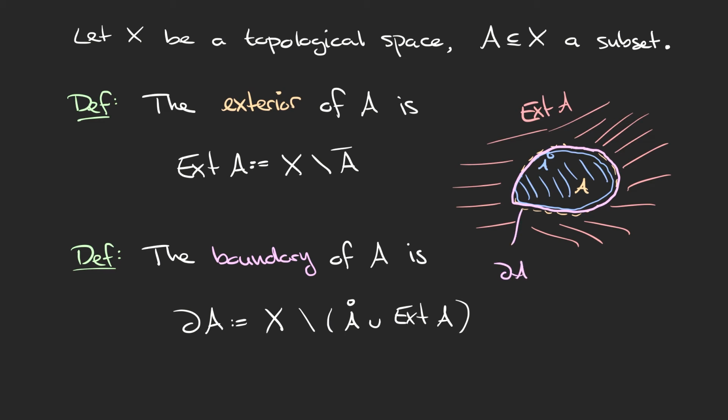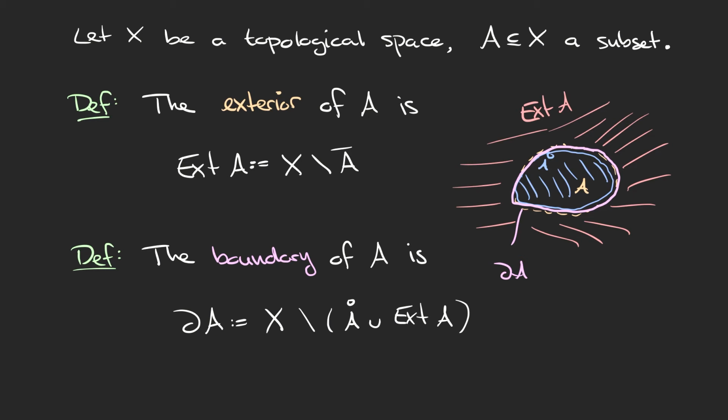As this picture illustrates, we can think about the interior of A as the inside of the set A, the exterior as being the outside of A, and the boundary as being, well, the boundary of A. And in many cases, this intuition is correct.